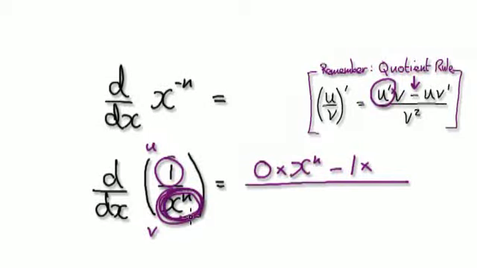Times the differential of this, which will be n x to the power of n minus 1. And remember, we know that you can differentiate this thing here when n is a positive whole number.